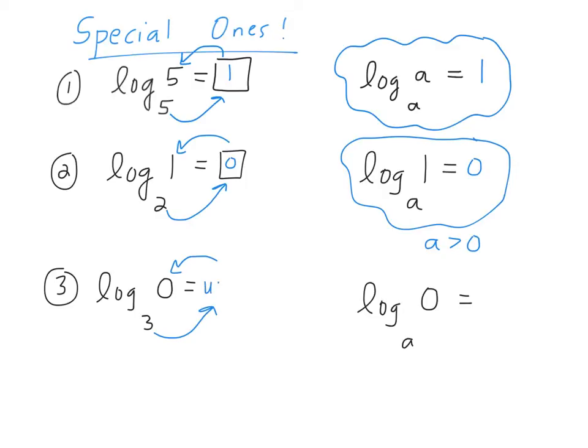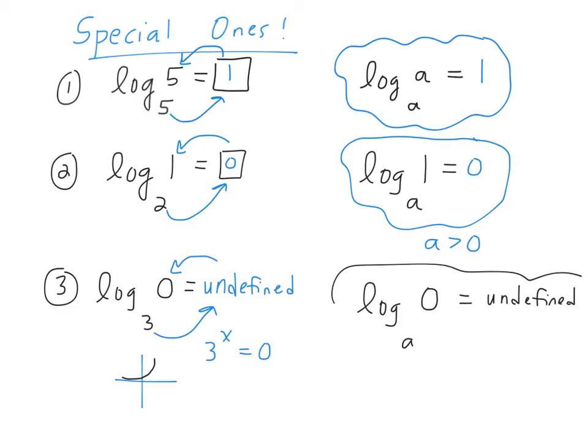That's because this is undefined. If you set this equal to x, when is 3 to the x equal to 0? Recall what your graph looks like: it's never going to hit 0. That's why it's undefined. So in general, you cannot take the log of 0.